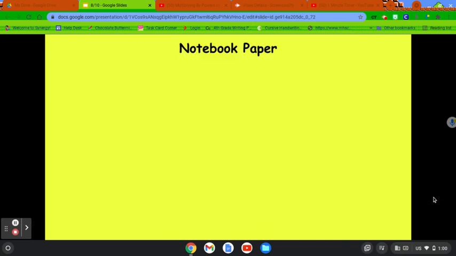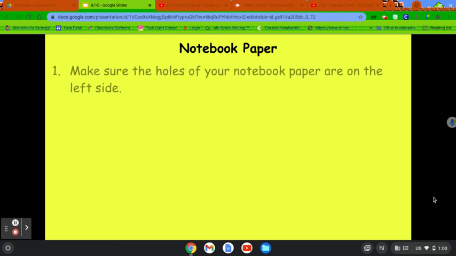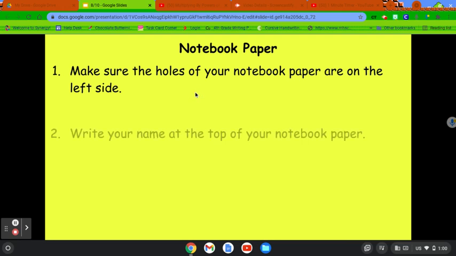All right, guys. So take a look at your notebook paper. The first thing we need to do is to get our notebook paper organized. You need to make sure that the holes of your notebook paper are on the left side. Go ahead and write your name at the top of your notebook paper for me, please.